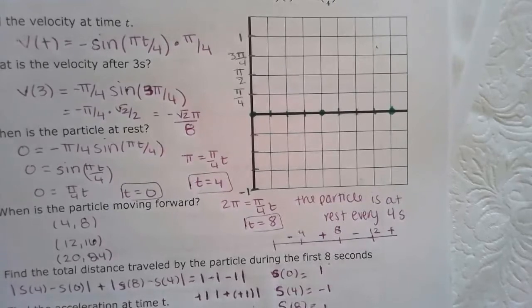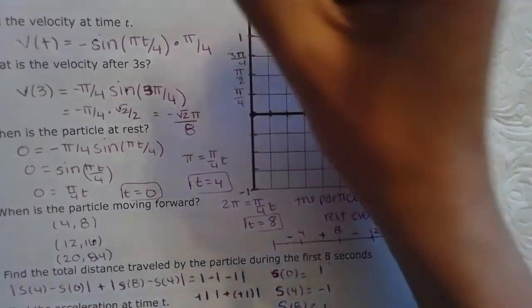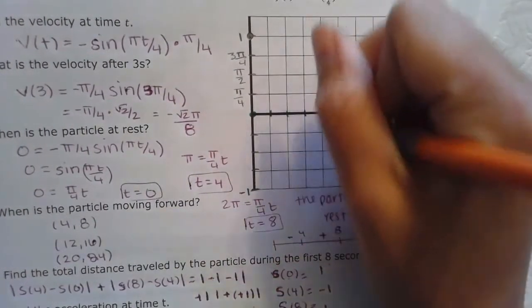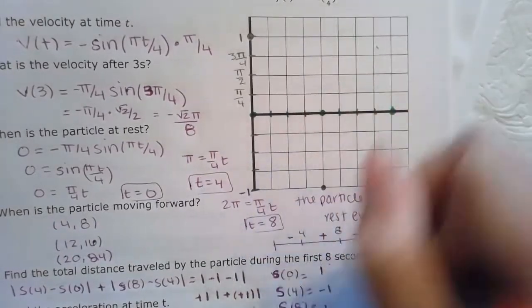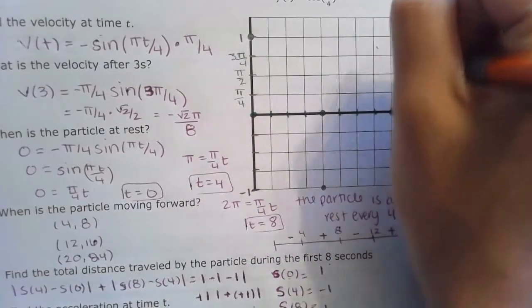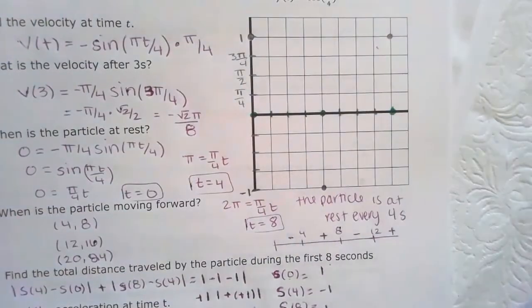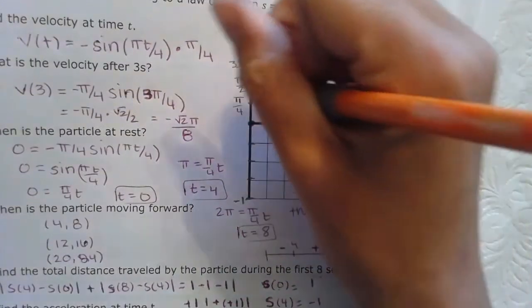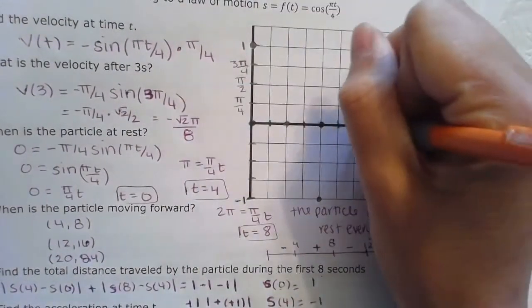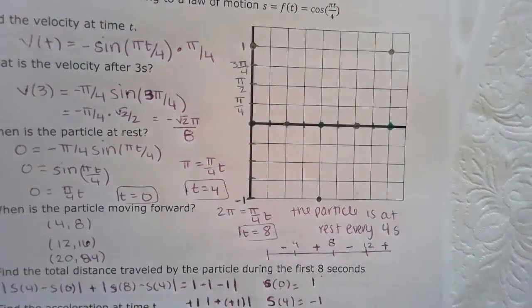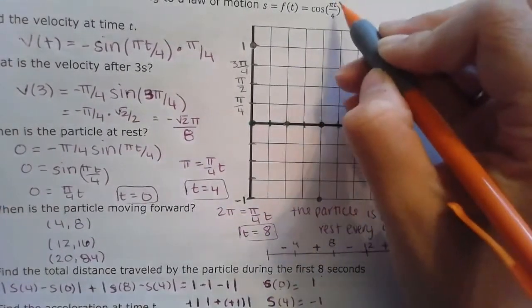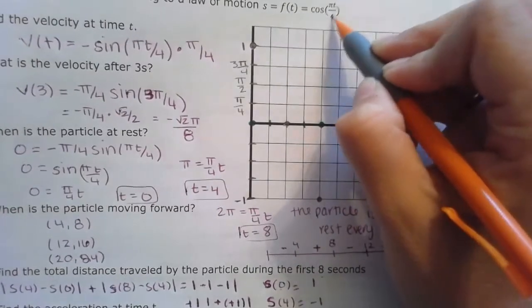So I know that cosine is going to be at 1 at 0. I know that cosine is at -1 at 4, and that cosine is back at 1 at 8. So that kind of gives me an idea of where my graph is going. It's going to be at 0, at 2, and 6, because if you think about plugging in a 2 here, that gives you pi halves.